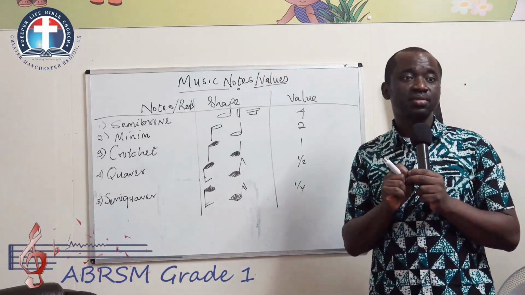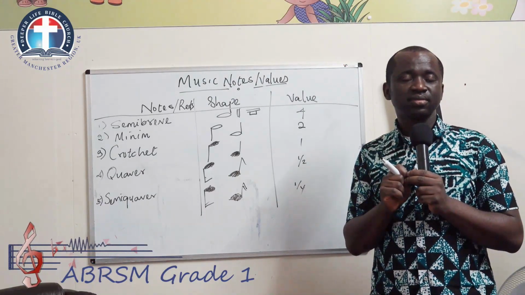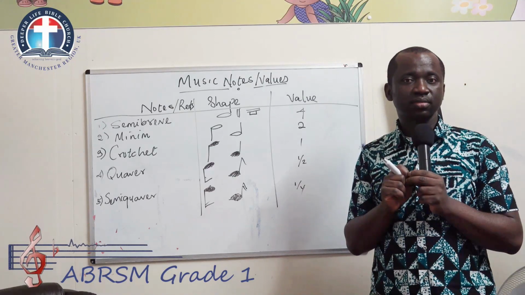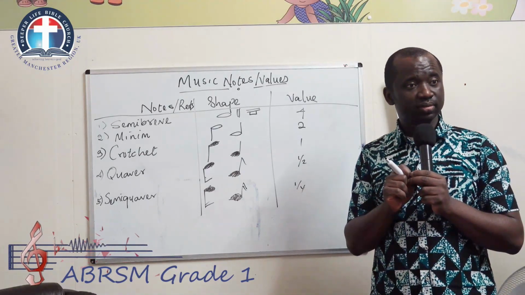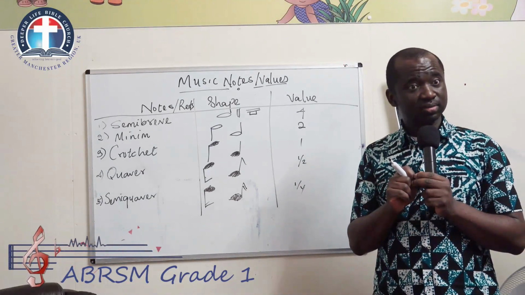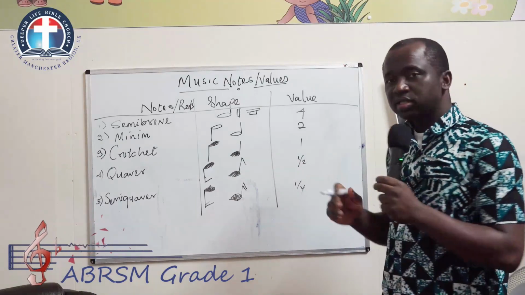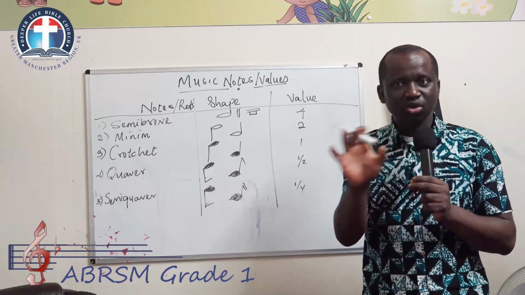The semi-brief rest hangs on the fourth line, whereas the minim sits on the third. Is that correct? Correct. So sometimes in the exam, they'll just give you the shape and say semi-brief because they know it's confusing.